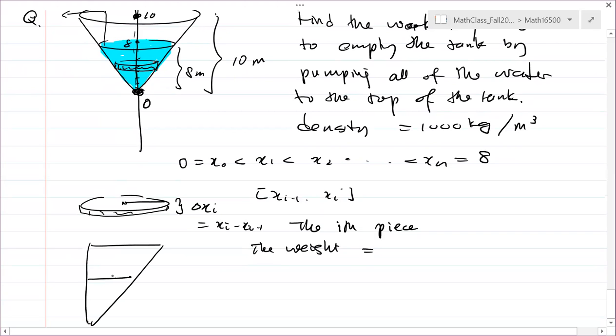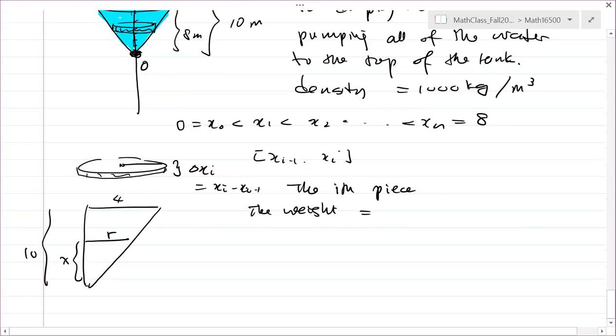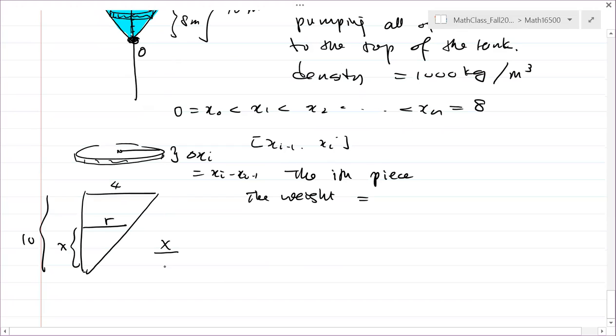Okay, so this is a radius. If this is x, and if this is 4, that is going to be 10, right? So use the similarity of triangles. x over 10 equals r over 4. So in other words, r equals 4 over 10 x, which is 2 over 5 x.